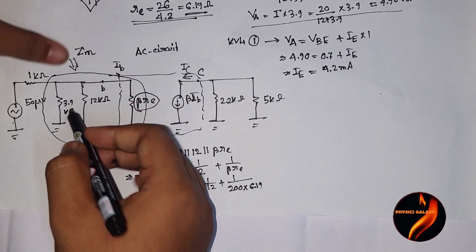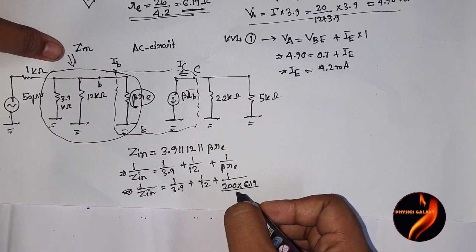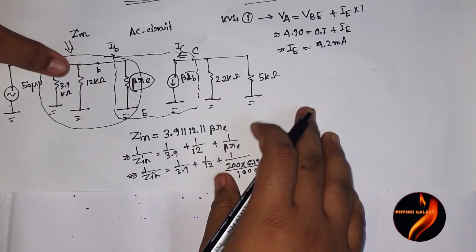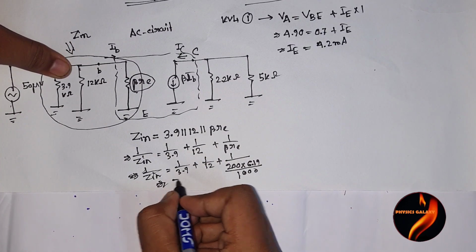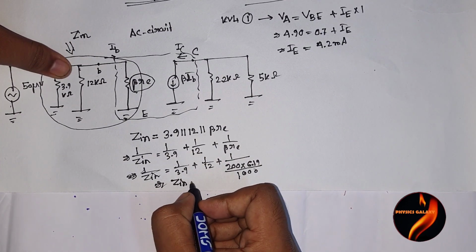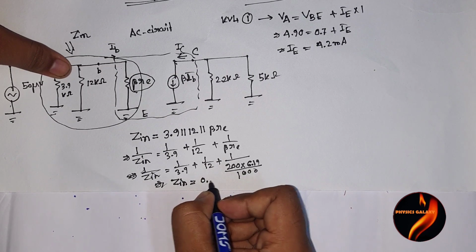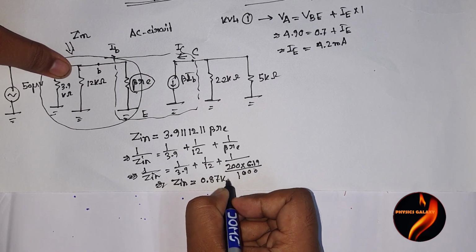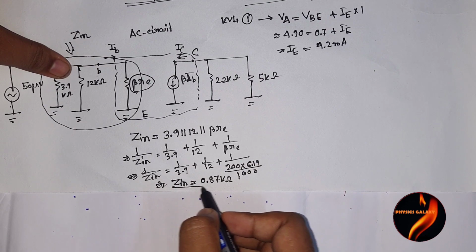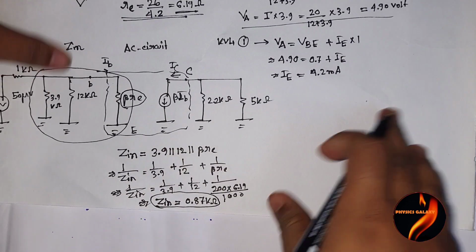These are in kilo ohm, so you have to convert accordingly. This gives the input impedance of the circuit as 0.87 kilo ohm.